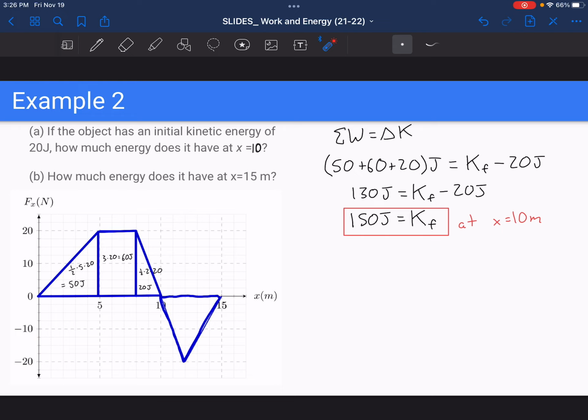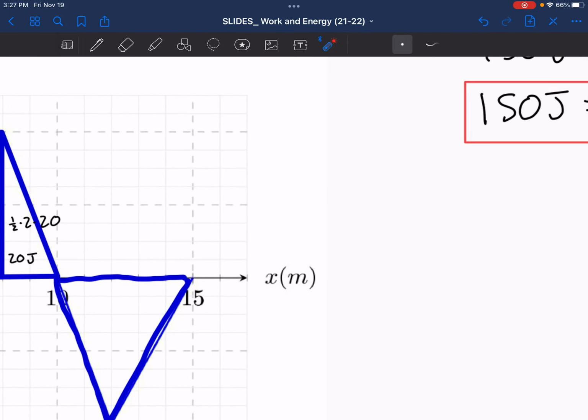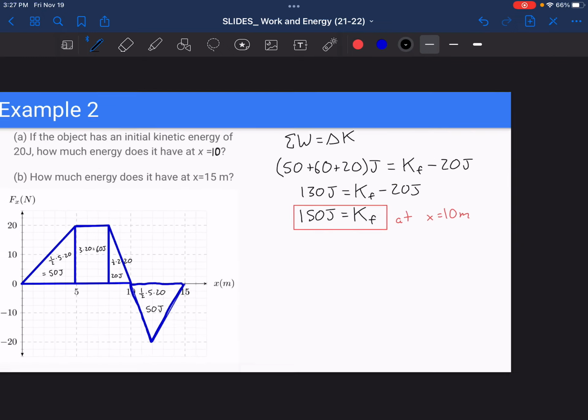So if the force is acting opposite the direction of motion, it should do negative work. So if we want to find out the work done here, we've got another triangle with a base of 5 and a height of 20. So triangle would be 1/2 base times height, and that would be 50 joules.